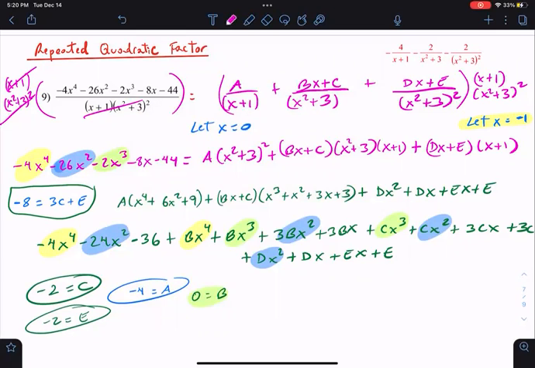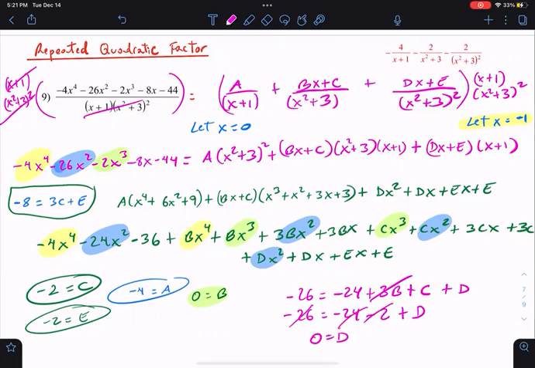So I have negative 26 equals negative 24 plus 3b plus c plus d. Let me first replace everything. I know that b is 0, so this disappears. c is negative 2, and d is what I'm looking for. So negative 26 cancels out with that, and d is 0.